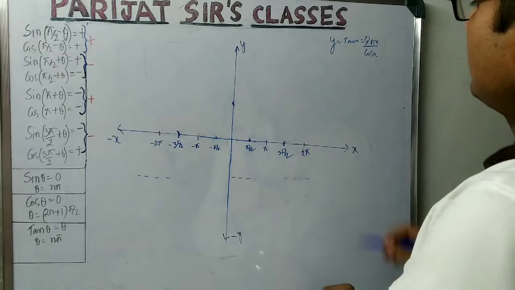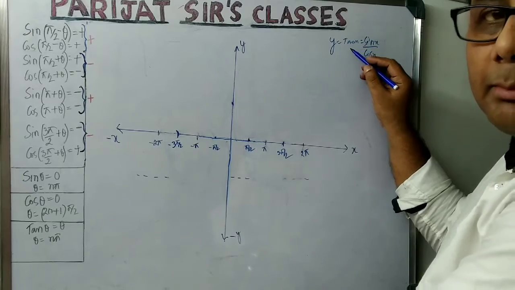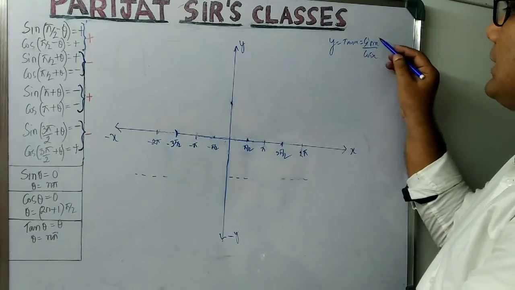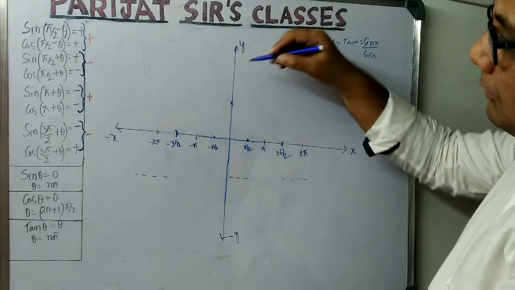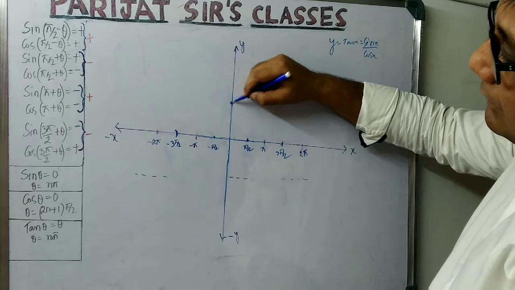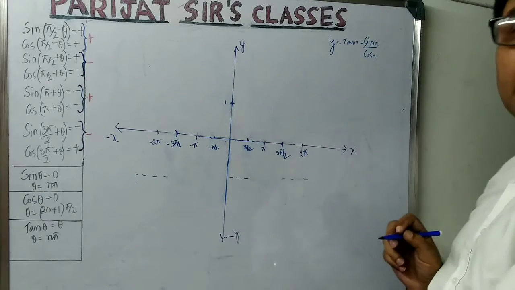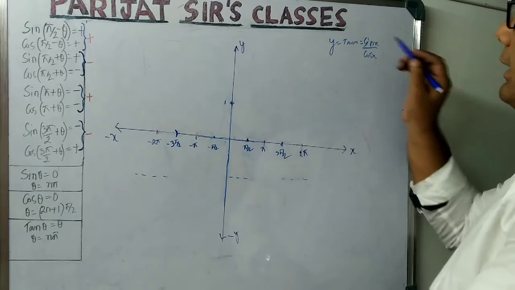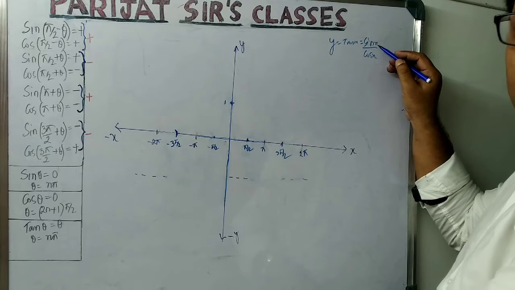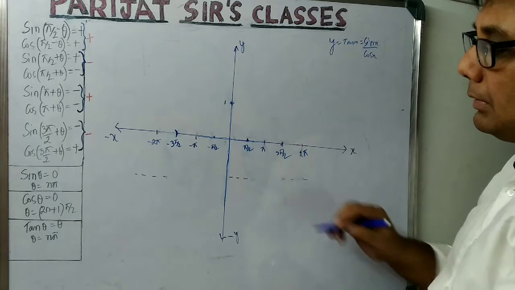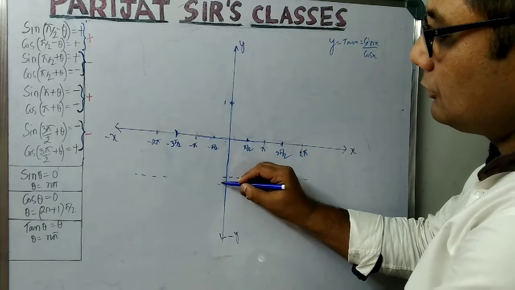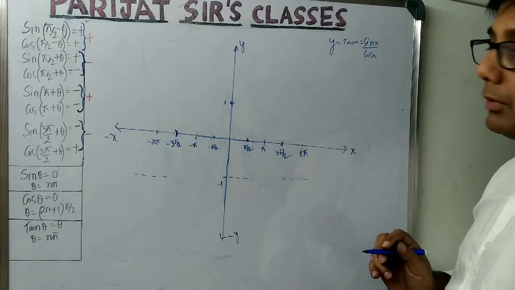So friends, watch, tan will be maximum when sin is maximum, and the maximum value of sin is 1. And tan will be minimum when sin is minimum, which is -1.